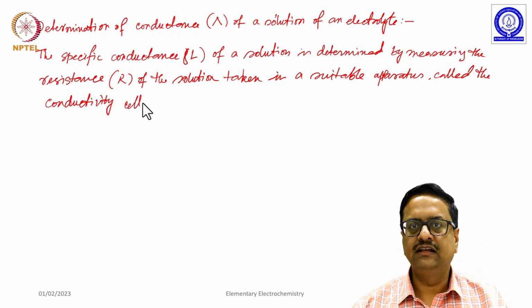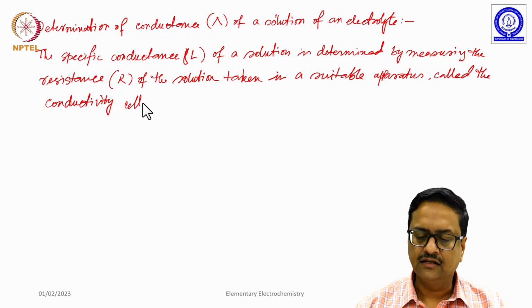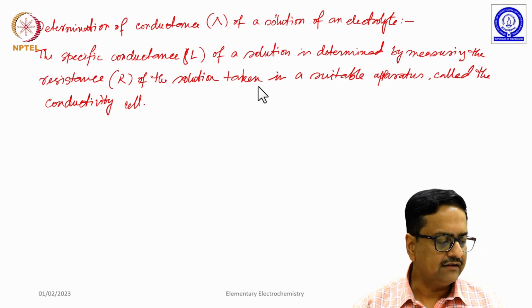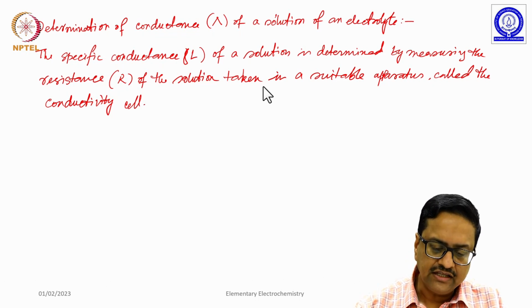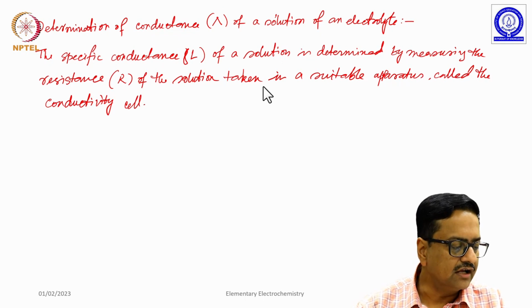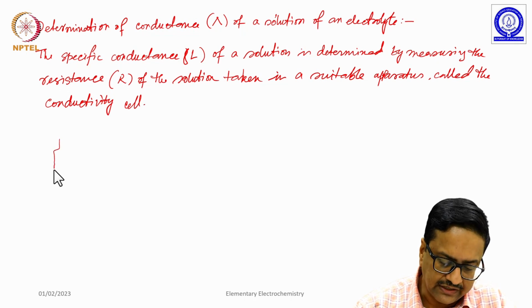This conductivity cell is a device where you take the solution, and this device can have different shapes and different distances between the electrodes in the cell. So, one can have a conductivity cell which would look like this.